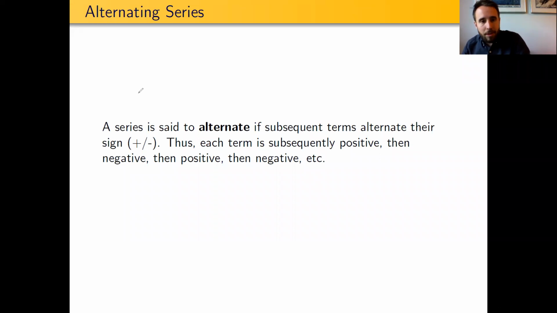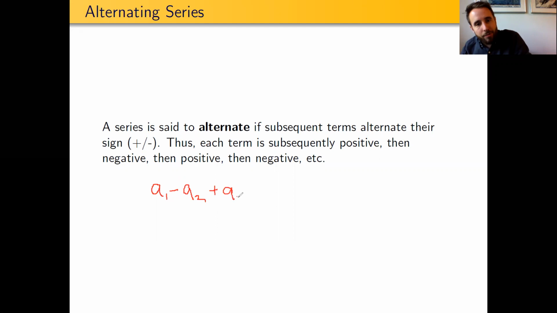A nice way to represent this is to write our series of the form a1 minus a2 plus a3 minus a4, like this, so that every even term is negative and every odd term is positive. Notice the individual expression a sub n is a positive expression.